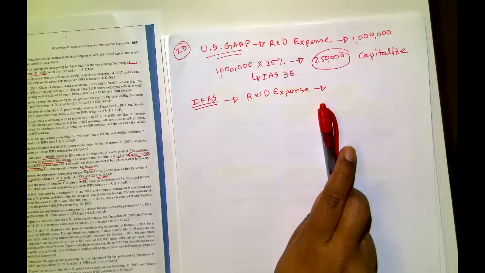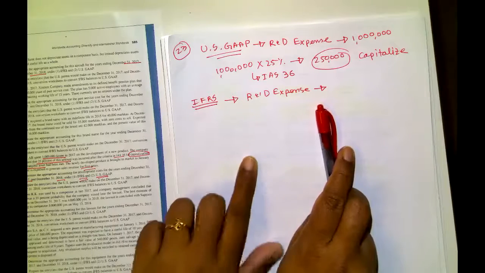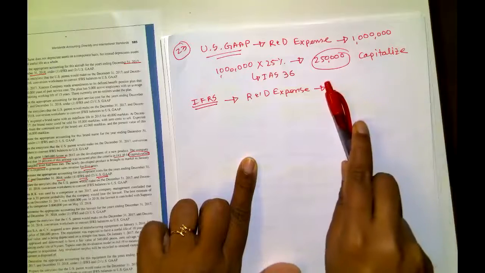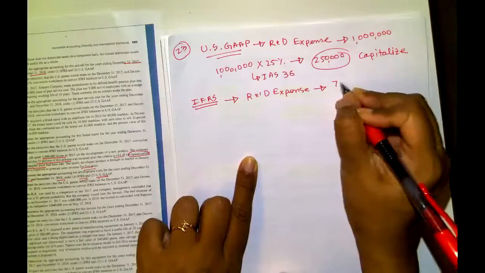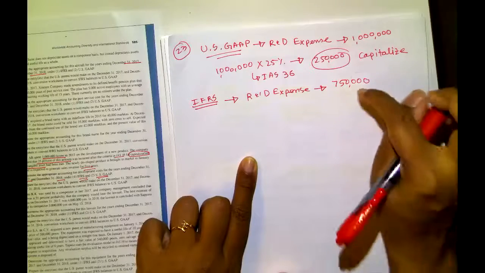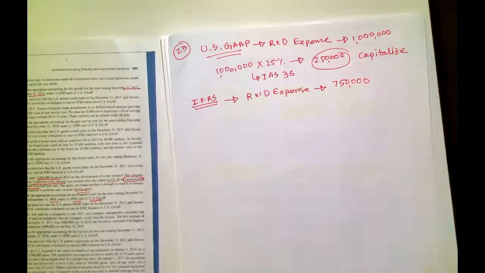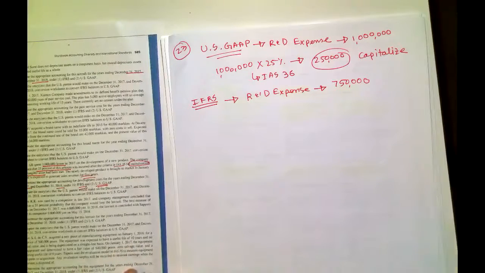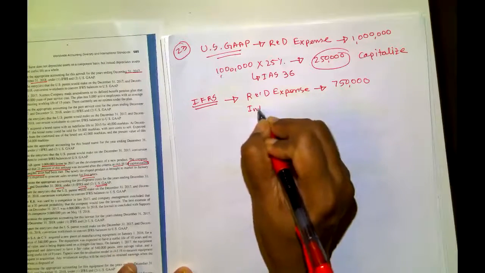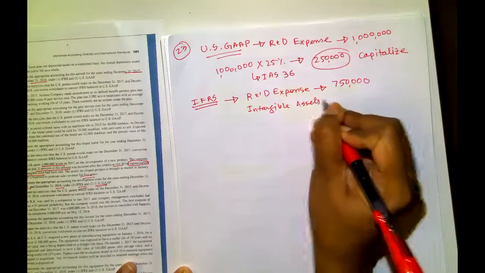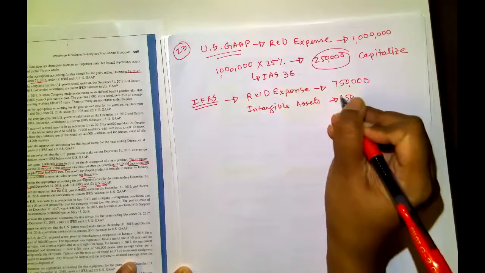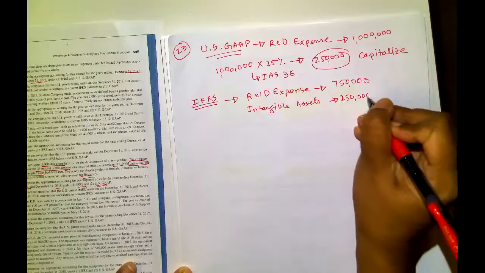It would be 750,000, because you are capitalizing 250. So the R&D expense will be 750, and you're going to show the 250 as an asset. The rest, 250, you will call intangible assets.